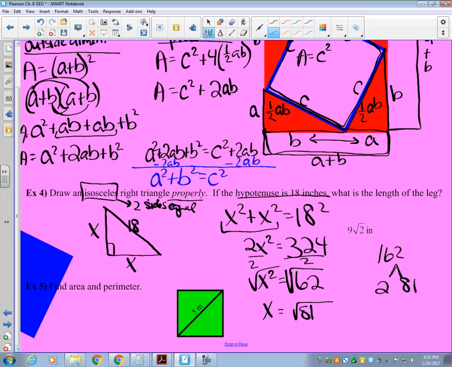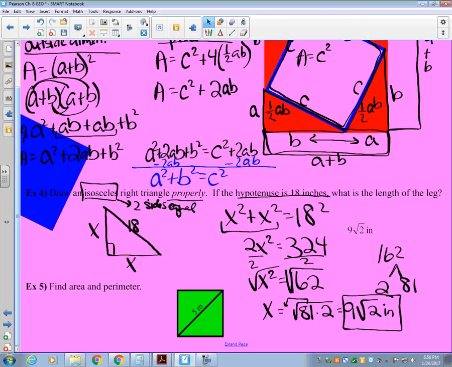So if it's 2 times 81, the 81, we go ahead and take the square root and put it out front. And square root of 81 is 9. And then the 2 stays under the radical. So in this case, the length of the leg is 9 square root of 2 inches.